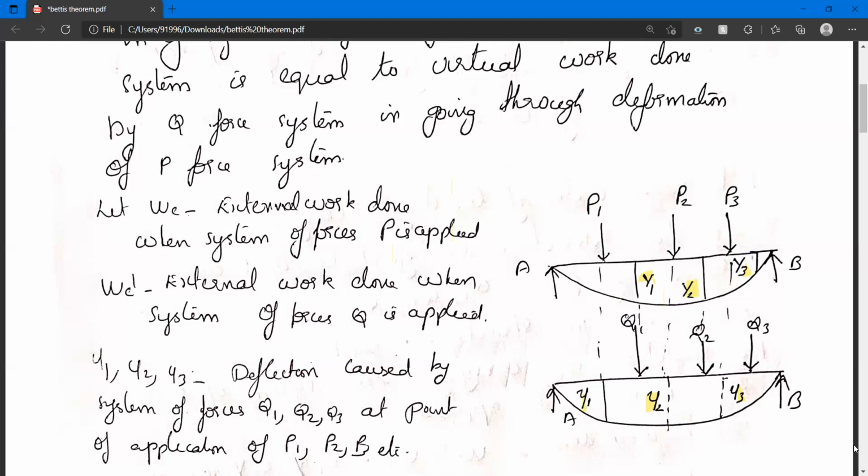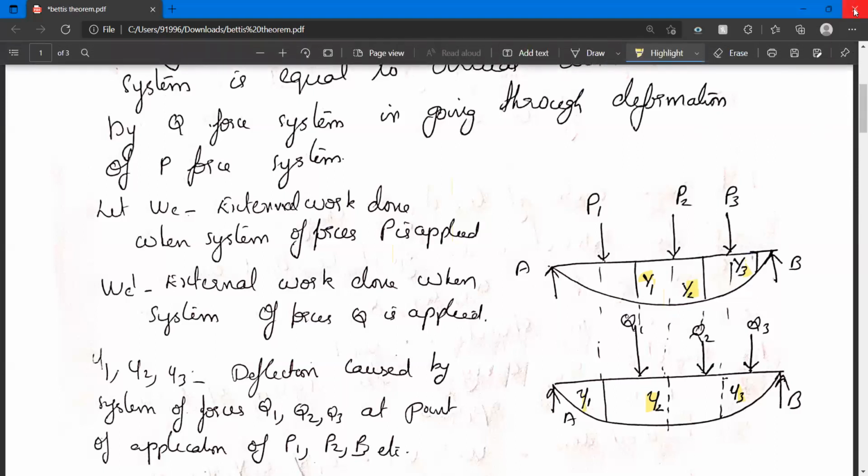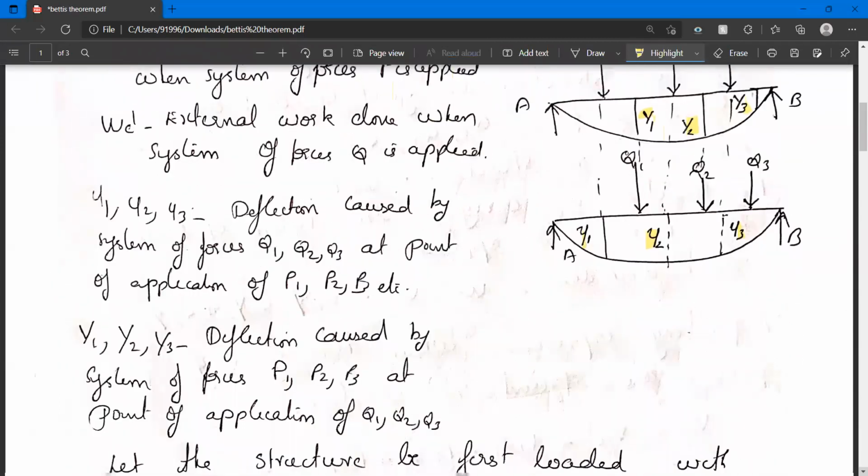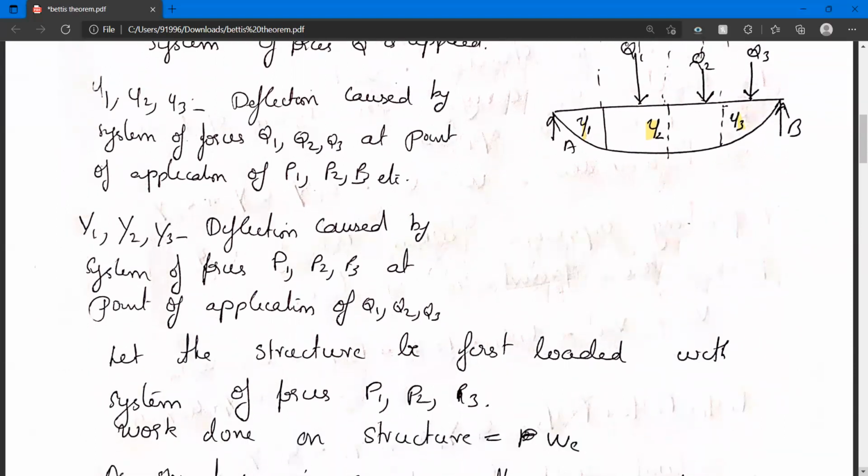And these are capital Y1, capital Y2, capital Y3. You can see in the figure where P1, P2, P3 is applied. What is capital Y1, capital Y2, capital Y3? That is nothing but deflection caused by a system of forces capital P1, capital P2, capital P3 at point of application of loads Q1, Q2, Q3.